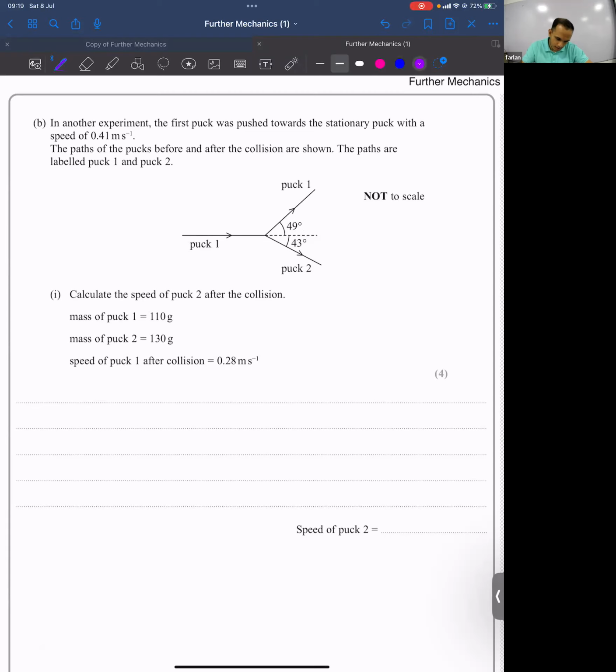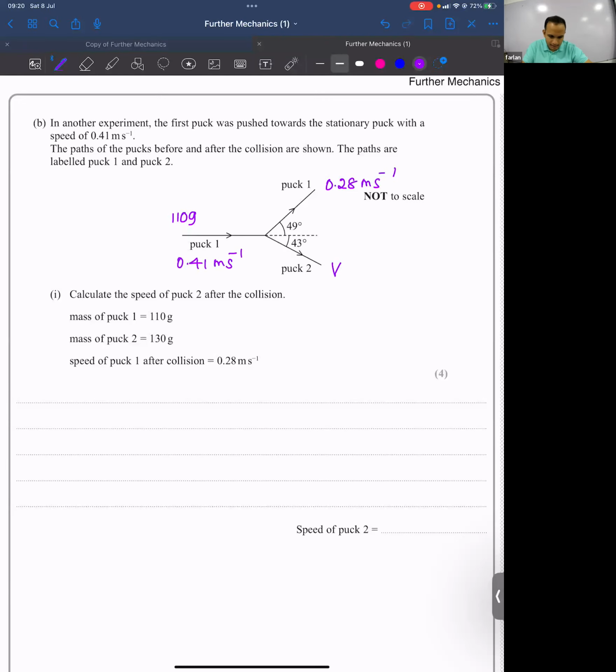The first one has a mass of 110 grams, and it's moving at a speed of 0.41 meters per second. After the collision, the first one has a speed of 0.28 meters per second. To calculate the speed of the second one, V is what we want.